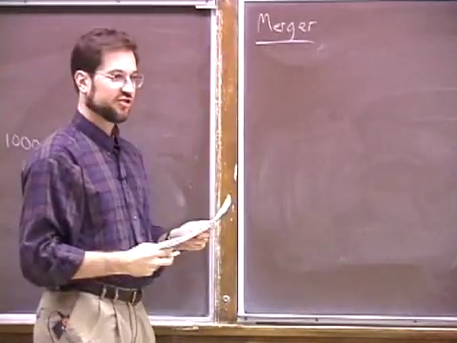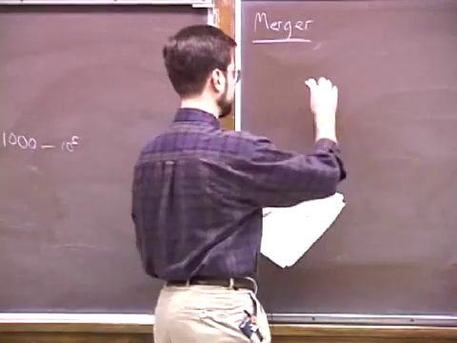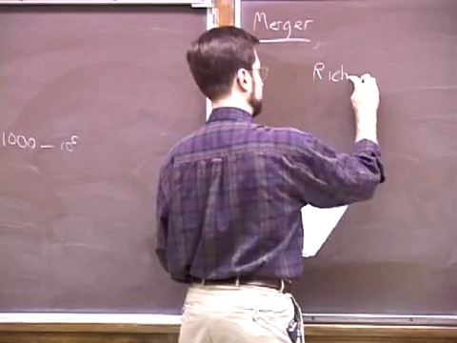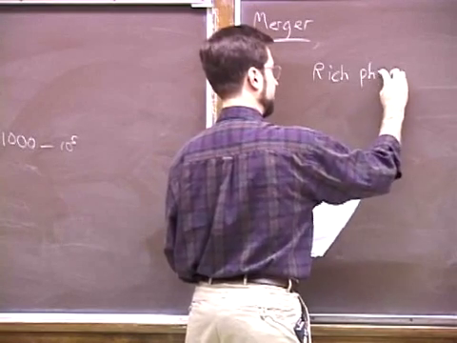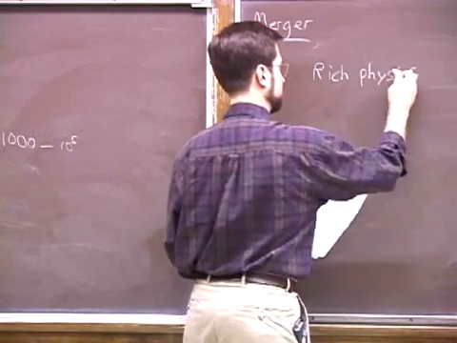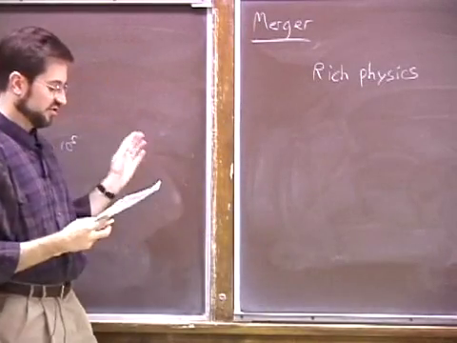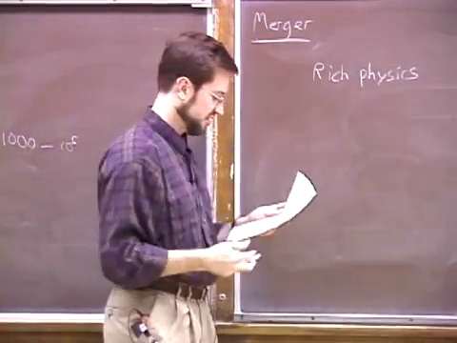So the first thing to note about the merger phase is that you have very rich physics going on, even compared to what's going on in the in-spiral and the ring down.